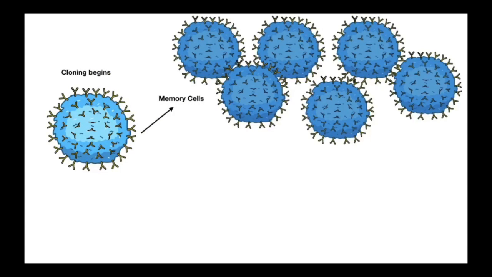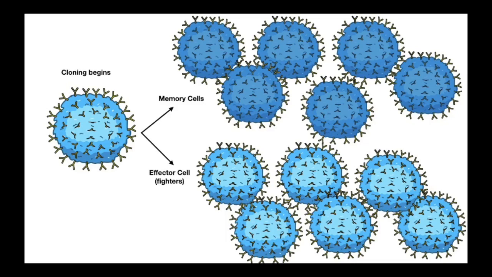And I'm going to clone a bunch of memory cells so that we can remember you. And I'm going to create a bunch of warriors to fight you. Okay? So the memory cells will remember that type of virus forever. And the effector cells will fight that type of virus forever.